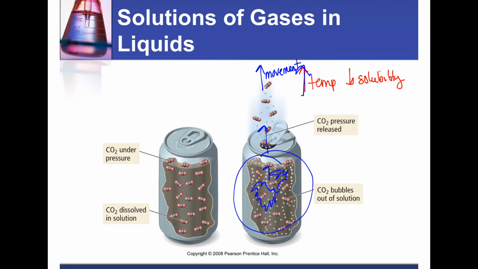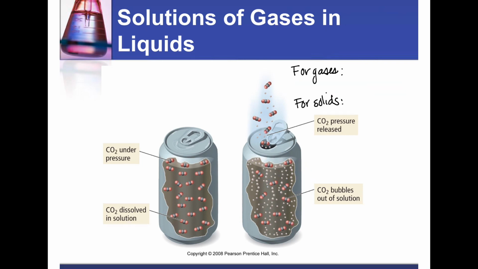So temperature has a different effect on the solubility of gases than it does for solids. For gases, as the temperature increases, solubility decreases. But we had seen that graph for solids.